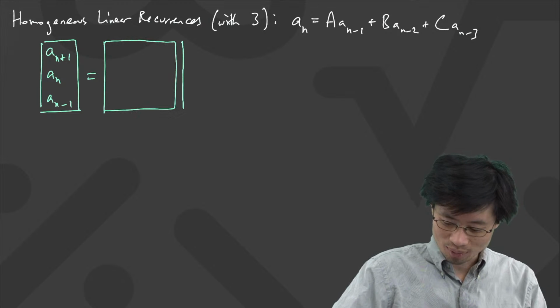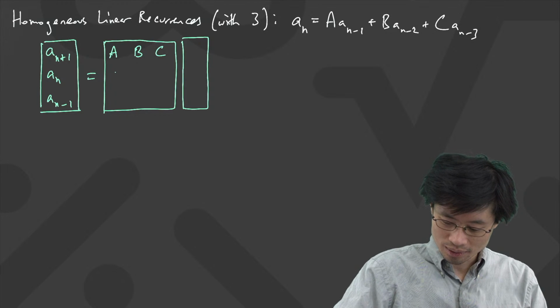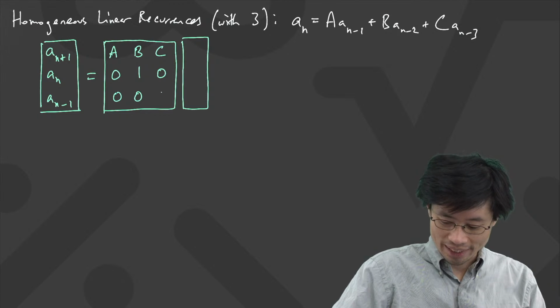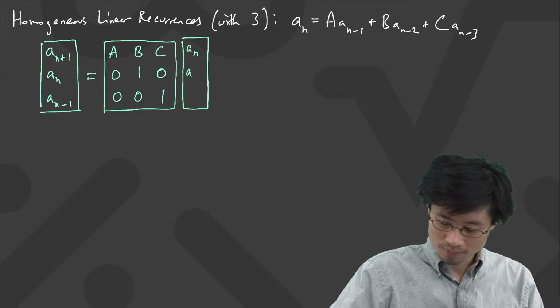And then what do you multiply this by? The top row, I think, should be A, B, C. The middle row will be 0, 1, 0. And I think the last row should be 0, 0, 1. And what do you multiply this by? This will be a sub n, a sub n minus 1, and a sub n minus 2.